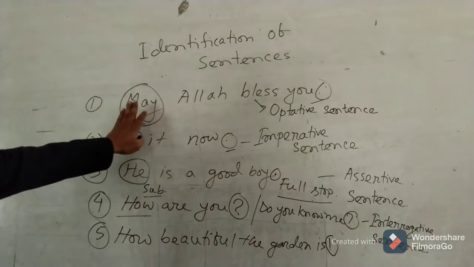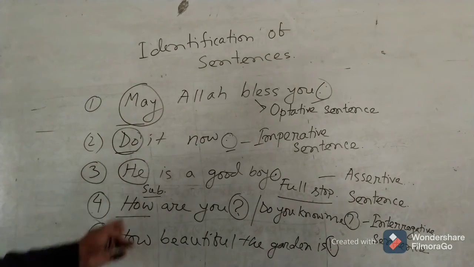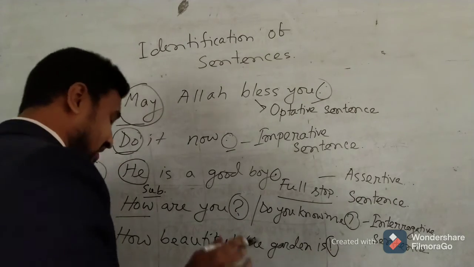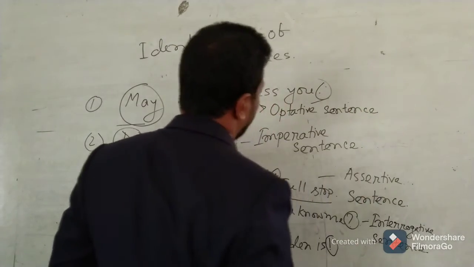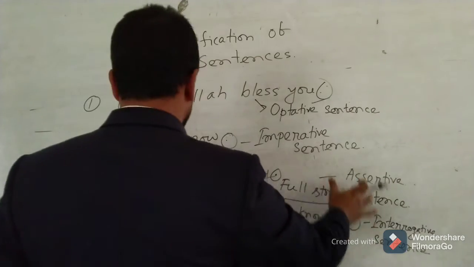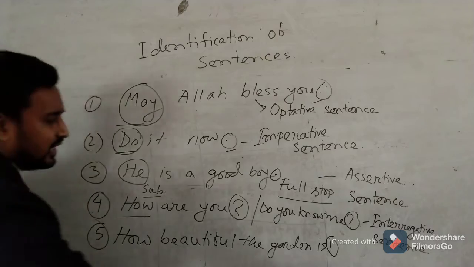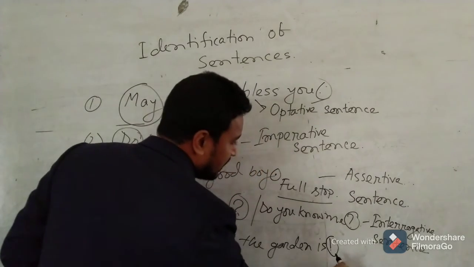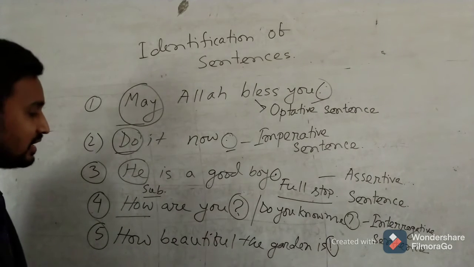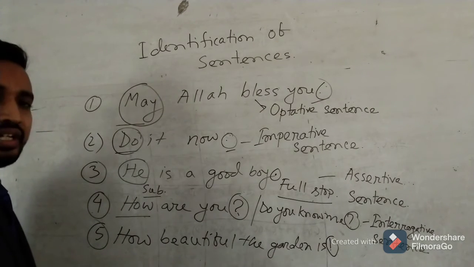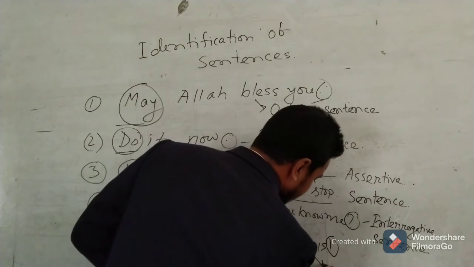Again, if we have the word may or long at the beginning of any sentence, and the sentence ends with a full stop, we can consider it as an optative sentence. And last of all, if we have an exclamation mark at the end or in the middle of the sentence, we'll consider the sentence as an example of exclamatory sentence.